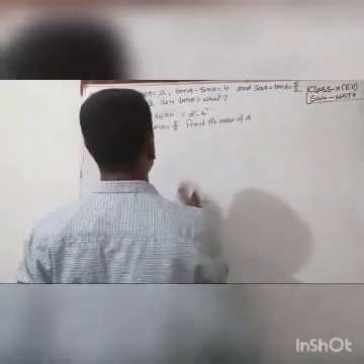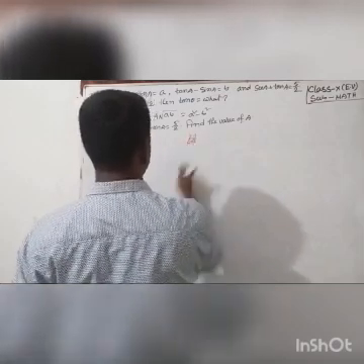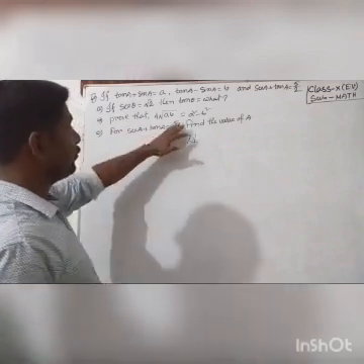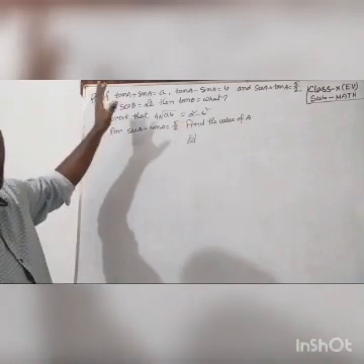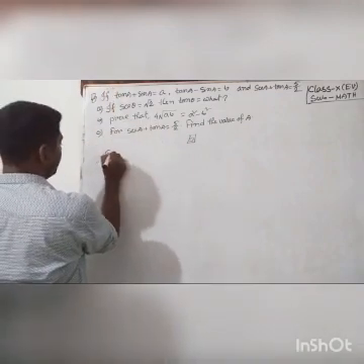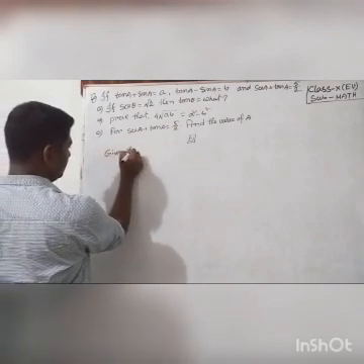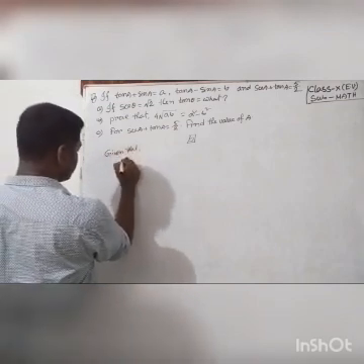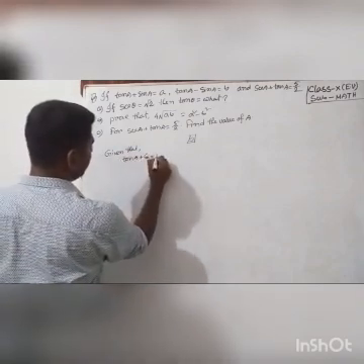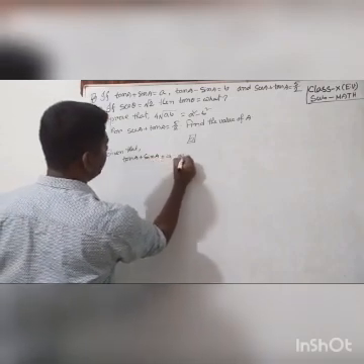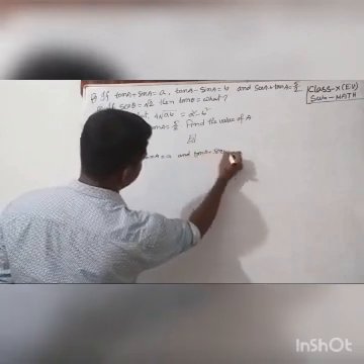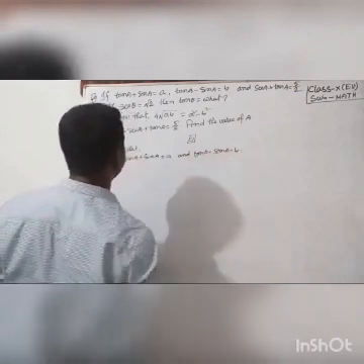Number B, prove that 4 root over ab equal a square minus b square. So we need to find the value of a and b. At first write down, given that tan a plus sin a equal a and tan a minus sin a equal b.